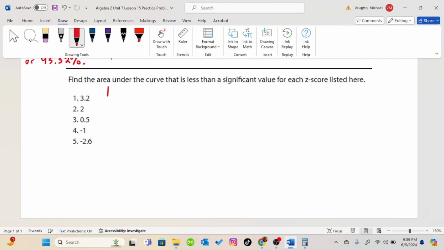So number 1, the answer is 0.9993, or 99.93% of the area is less than a z-score of 3.2.